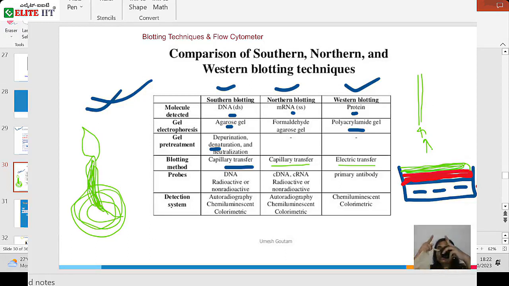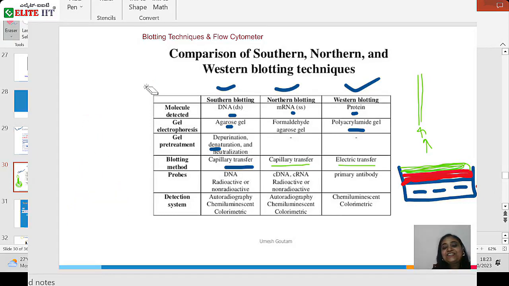It is making several capillaries, and through the capillaries the water droplets are moving one by one.